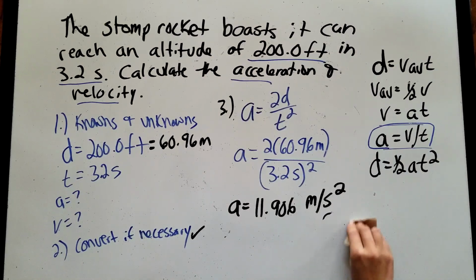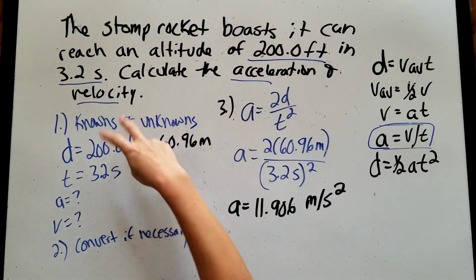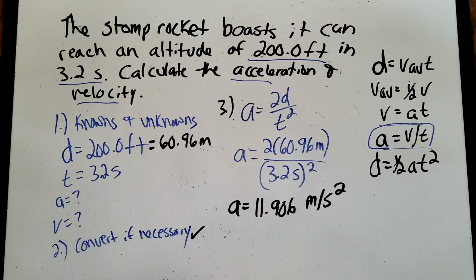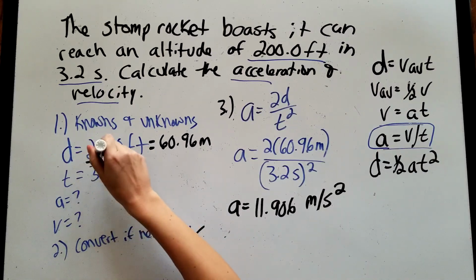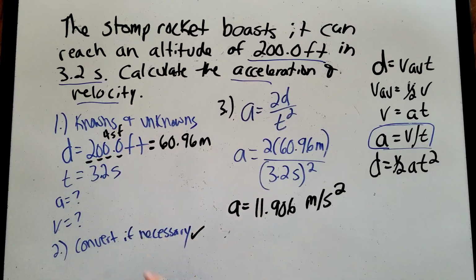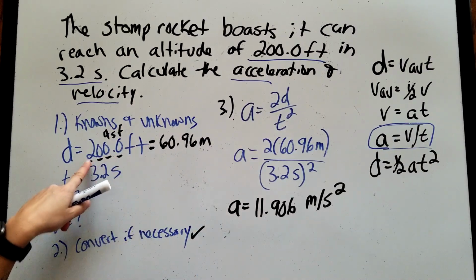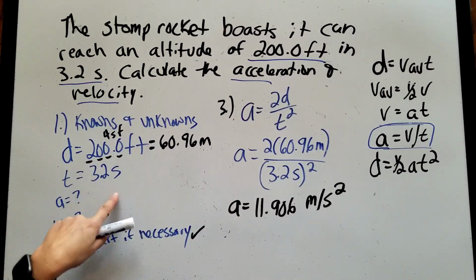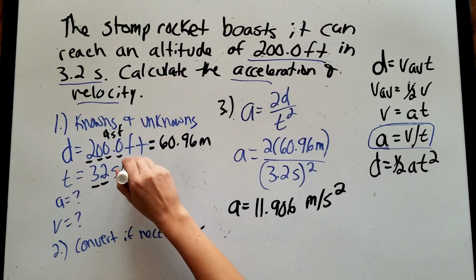Now, since this is one of my final answers, I do want to take into account sig figs, and you use the significant figures for the original numbers in the word problem. So 1, 2, 3, I have 4 sig figs here. The zeros count because there's a decimal, and I started counting at the 2. For time, I have just 2 sig figs.